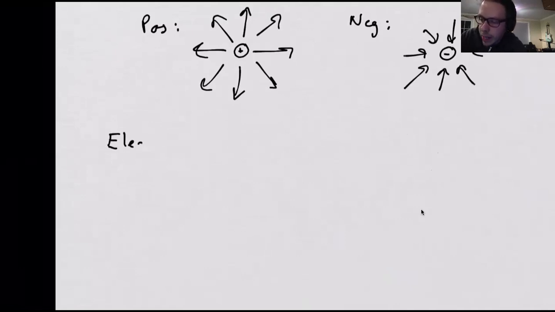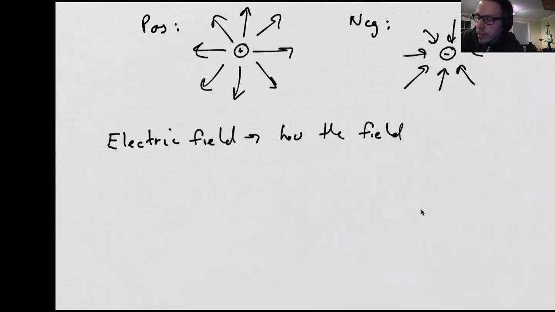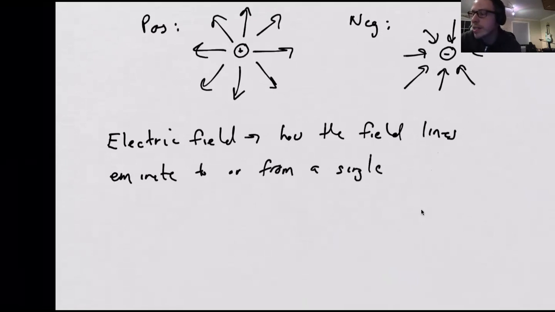The concept of an electric field is how the field lines emanate to or from a single body of charge. And obviously that can be a single charge as well.